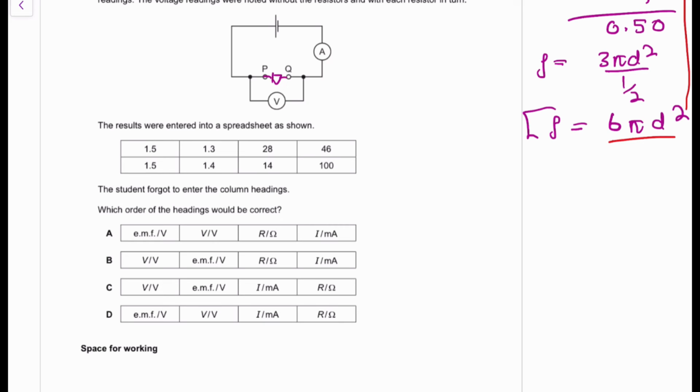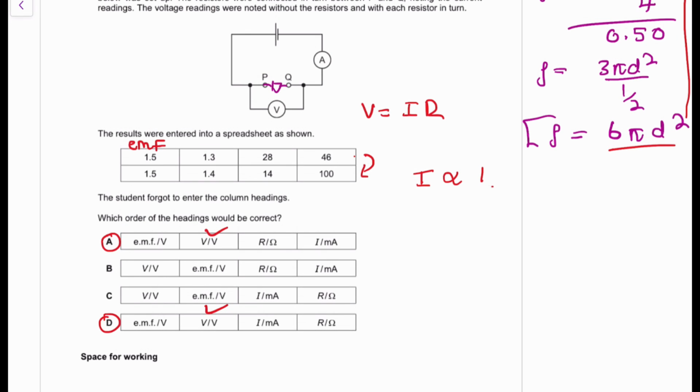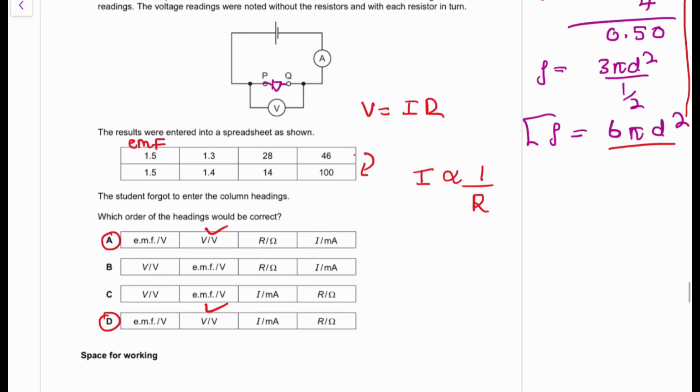So if we start with A, we're given 46 on top and 100 on the bottom, then 28 on the top and 14 on the bottom, and for A we're assuming that I is current. Now current is inversely proportional to resistance, and what this means is, let's assume the correct answer is A, the current is going to increase, the resistance therefore has to decrease from that whole experiment, right?